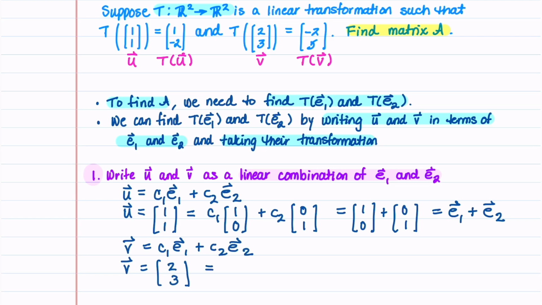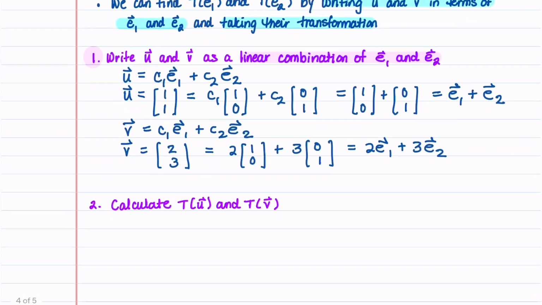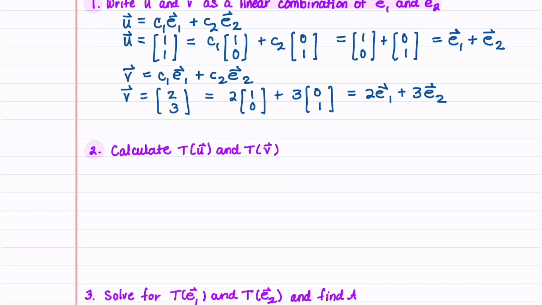And you can see without writing down the C's that this is going to be equal to 2 times 1, 0 plus 3 times 0, 1. So our vector V is just 2E1 plus 3E2. Our next step is to calculate T of U and T of V.